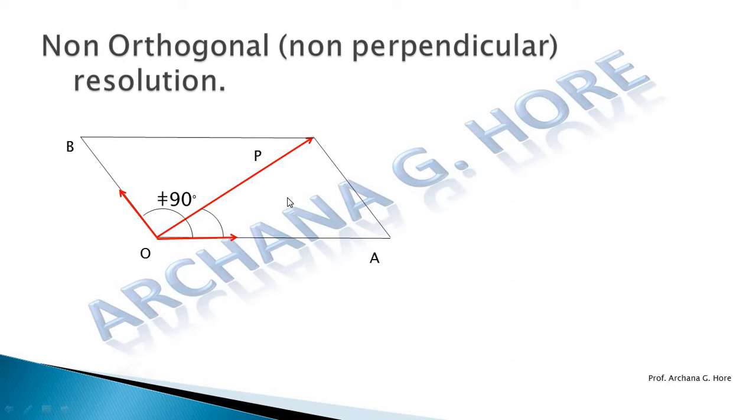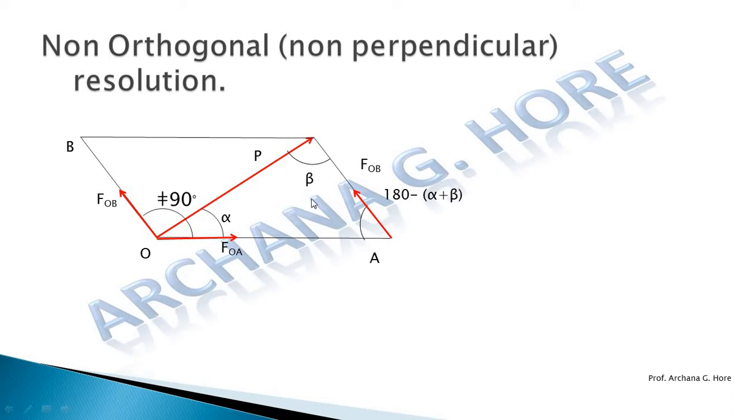Suppose these are alpha, beta, and the remaining angle is 180 minus (alpha plus beta), since the triangle's angle sum should be equal to 180 degrees. Now suppose these are the forces FOA and FOB. This line is parallel to this line in the parallelogram, so this must be equal to FOB.